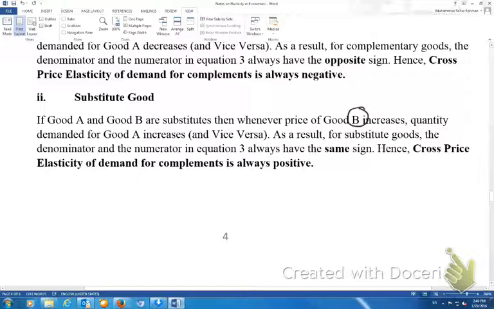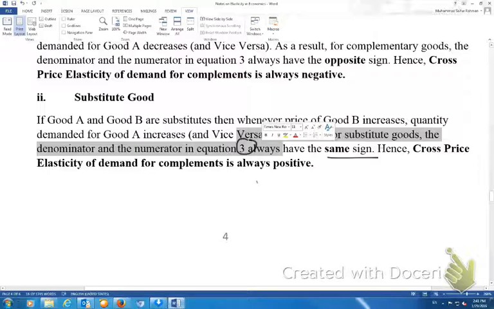So when we are thinking about Pepsi being B and Coke being A, an increase in the price of Pepsi will lead to an increase in the demand for Coke. As a result, the numerator and the denominator in equation number 3 will always be in the same direction, which means they will always have the same sign.